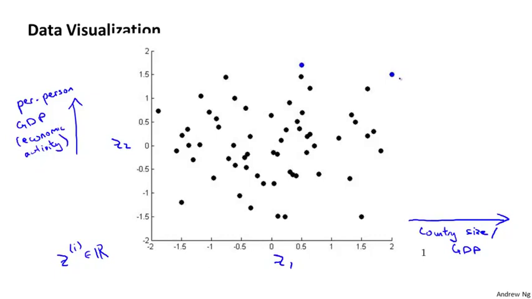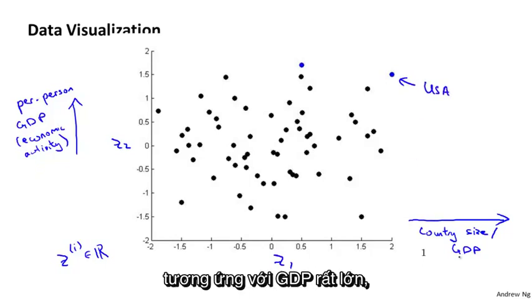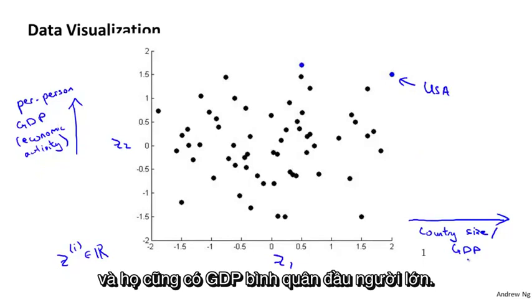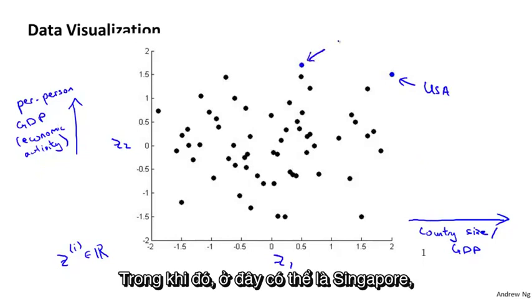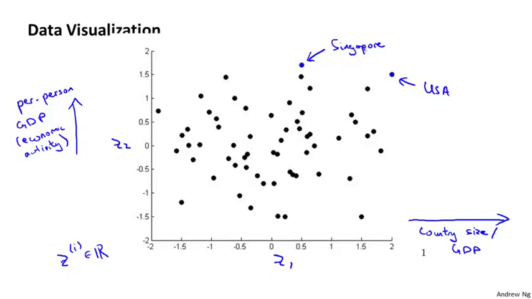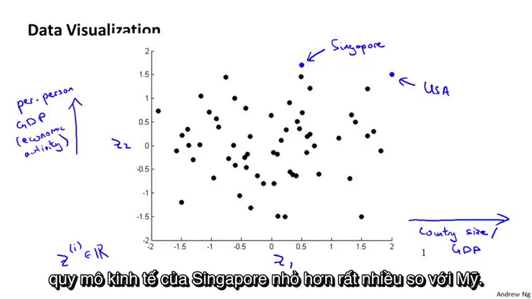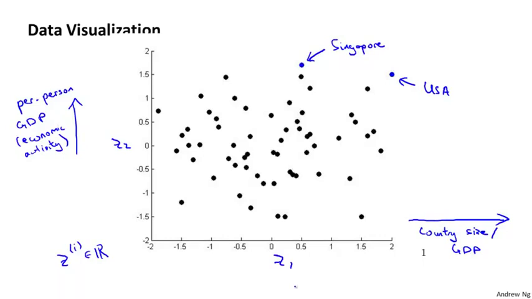And so out here, you might have a country like the USA, which is a very large GDP, and a relatively high per person GDP as well. Whereas here, you might have a country like Singapore, which actually has a very high per person GDP as well, but because Singapore is a much smaller country, the overall economy size of Singapore is much smaller than the US.